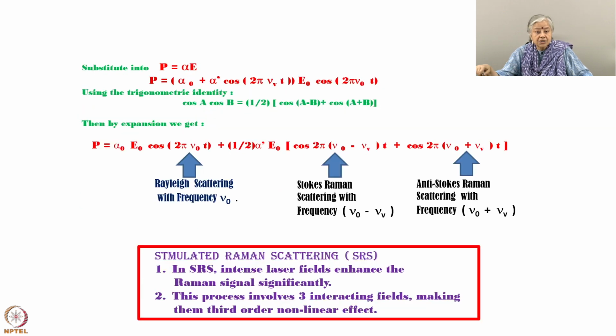So, substitute again into p equals alpha E, and use a trigonometric identity: cos a cos b equals half of cos of a minus b plus cos of a plus b. By expanding, you get the dipole moment p. When you have done all those substitutions, this is the final equation.